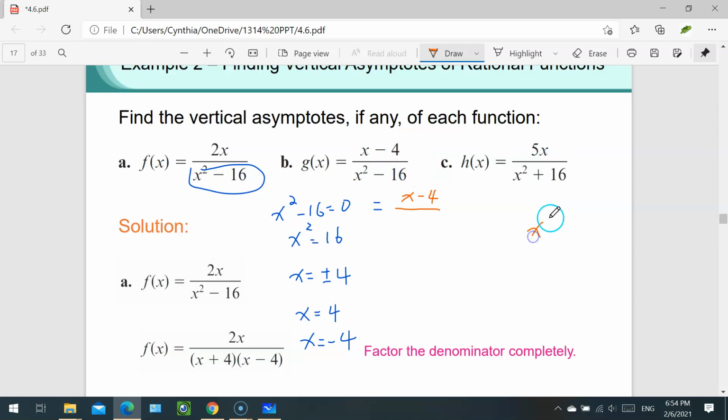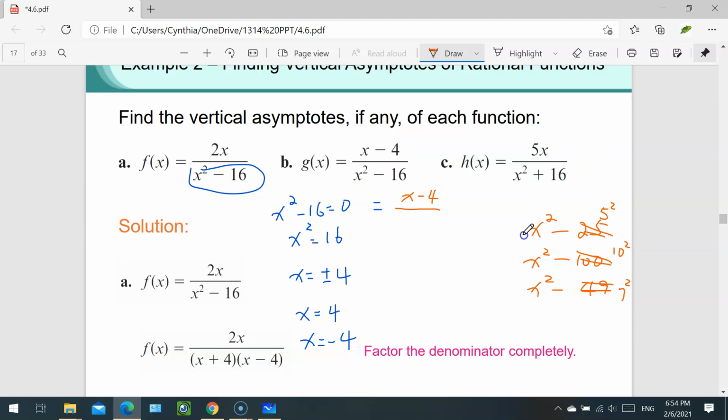For example, x squared minus 25, x squared minus 100, x squared minus 49. So 25 is a 5 square, 100 is a 10 square, 49 is a 7 square. And you have the minus sign in between both of the terms. We call this the binomial factor form.